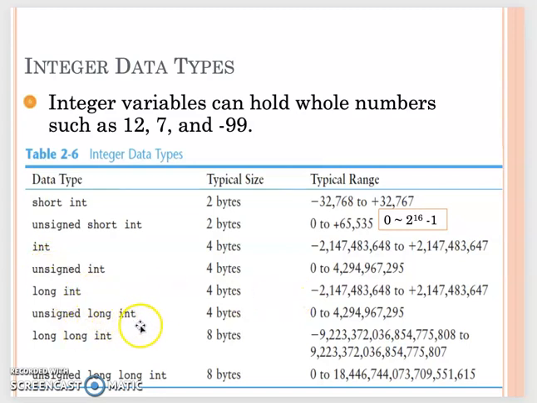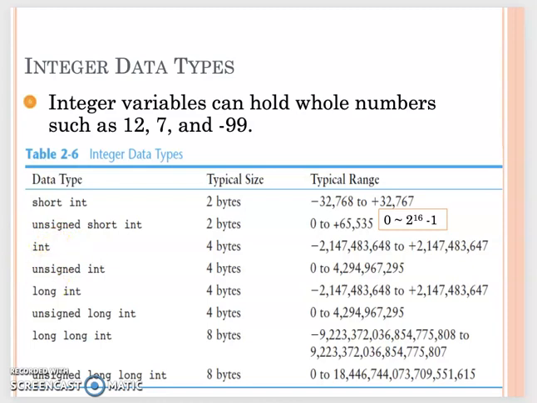The only thing even bigger is this one: we have long int with 8 bytes. That's why you have so many different integer data types. But usually int with 4 bytes is good enough. You can see that's positive or negative 2 billion. So unless you really have much bigger data you want to save, use the long int. Otherwise, usually we use the int.